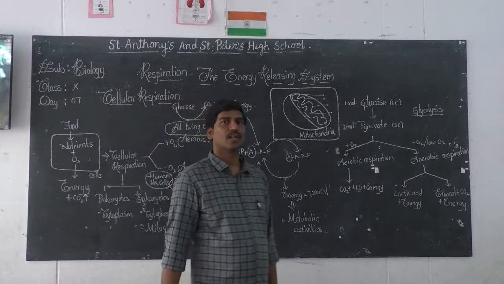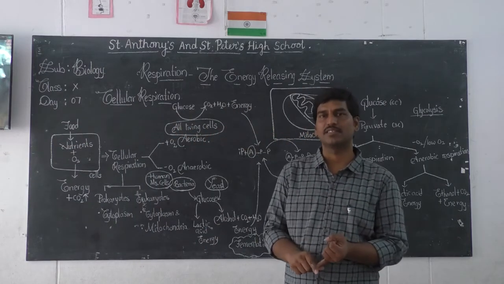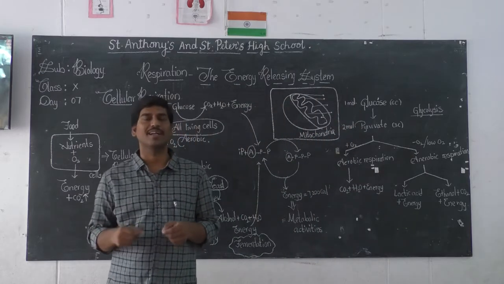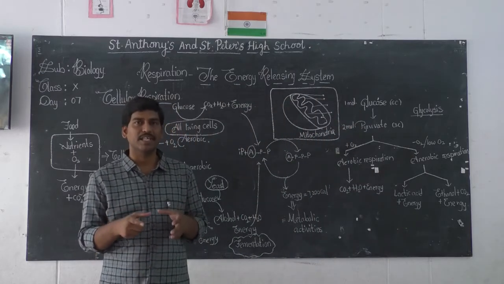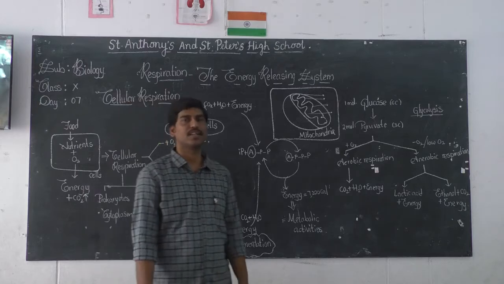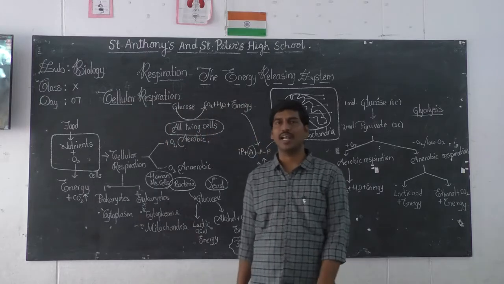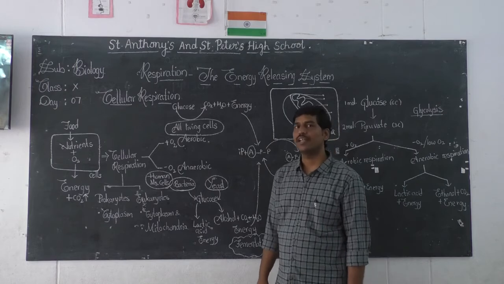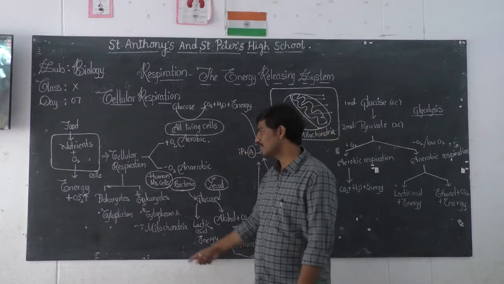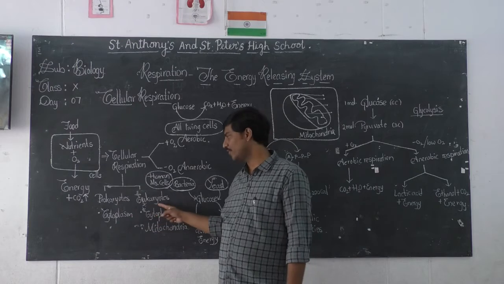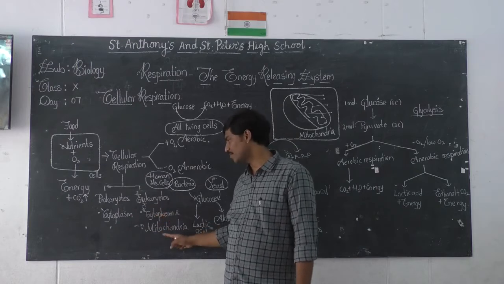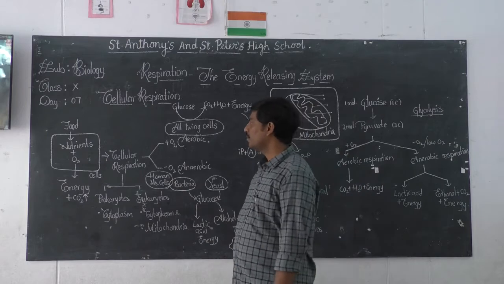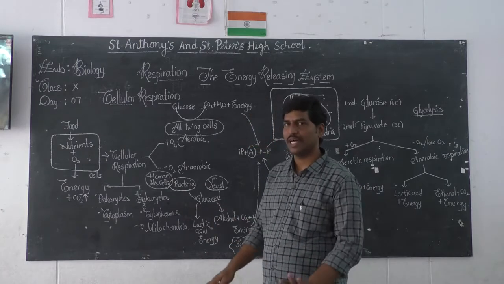So, what we have discussed till here is that the process of breaking down of nutrients and liberation of energy takes place inside the cells. Therefore, we call it cellular respiration. And the site for this cellular respiration in prokaryotes is the cytoplasm, whereas in eukaryotes it is the cytoplasm and mitochondria. Right? So this is a common process we have discussed.